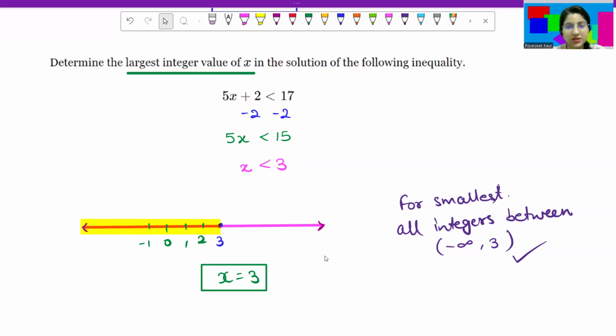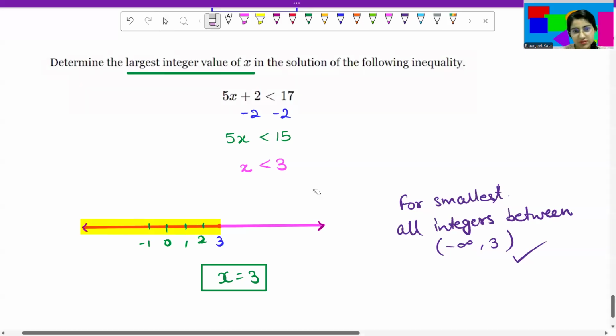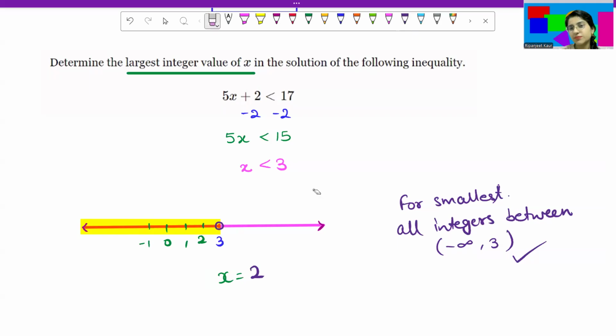There was one more thing. I just put a solid dot here. It is not solid, it's a hollow one. This means x is not included and we have to find out the smallest integer, so it would be 2. Yeah, it's 2. Over here, I forgot that it's not less than or equal to like the other ones.